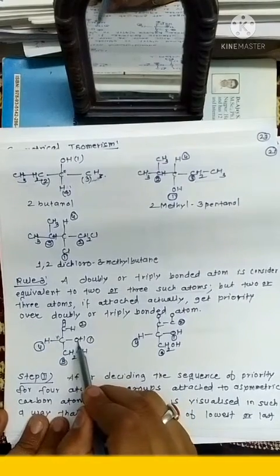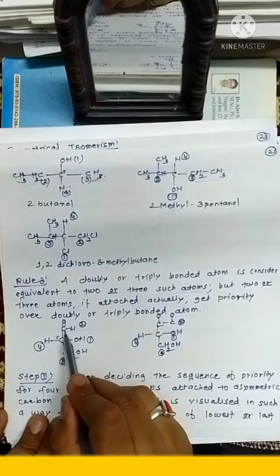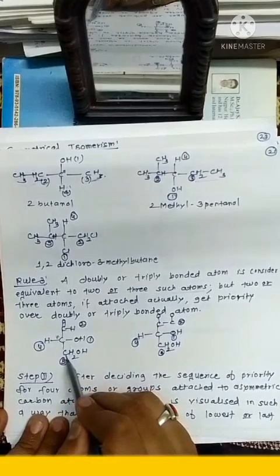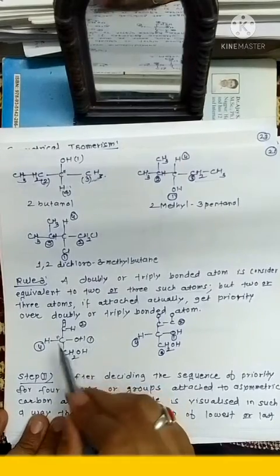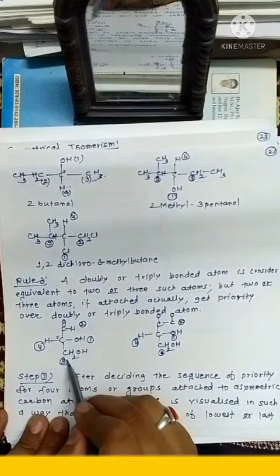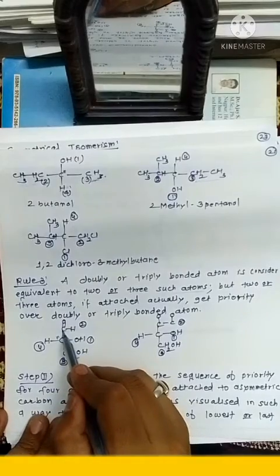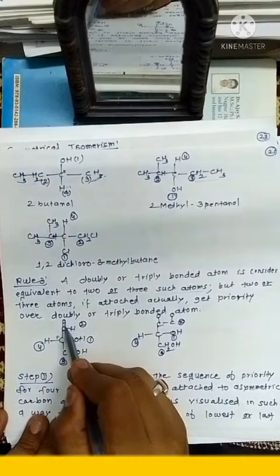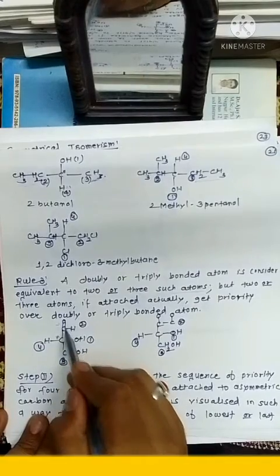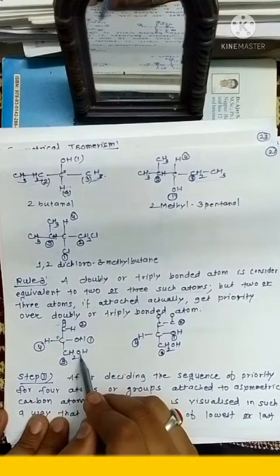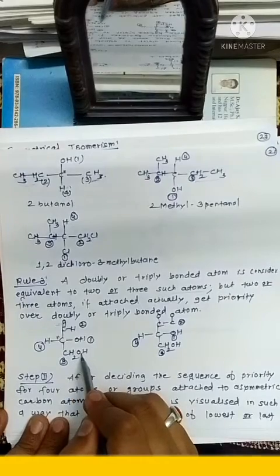This carbon is attached here with oxygen, here with carbon, here with carbon. So obviously first priority goes to this OH. Now we have to decide second and third priority. Just see, this carbon is attached to oxygen by a double bond, while this carbon is attached to 2 hydrogens and 1 oxygen.